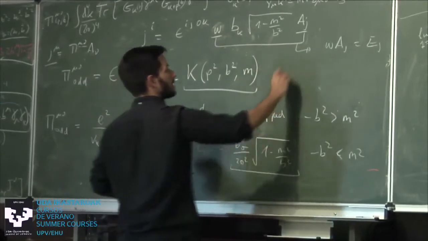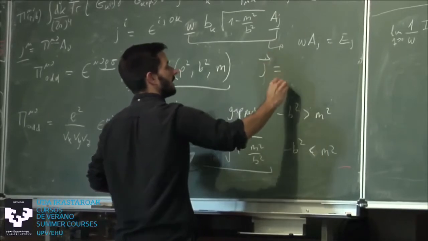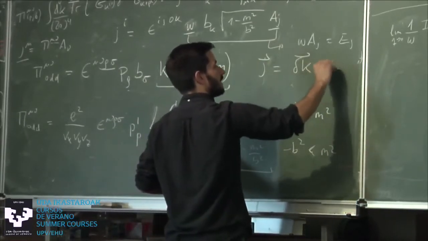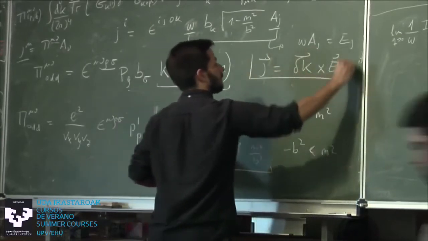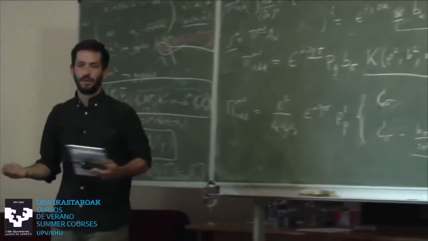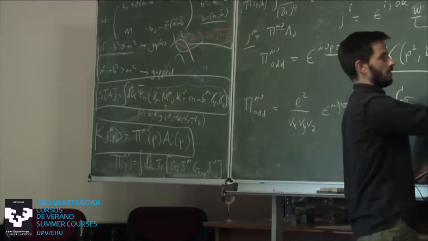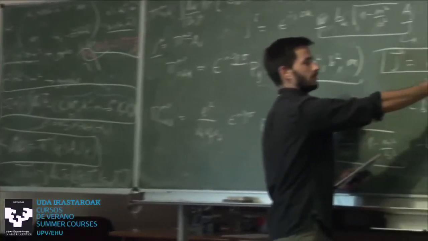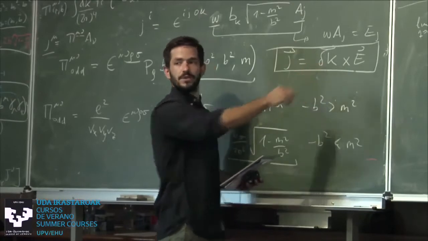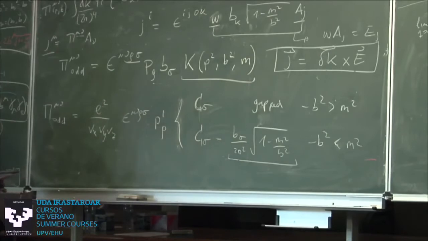So actually the response, J_i, or vector J, is the Weyl node separation that I defined there, cross E. So this calculation has led to the following result. The Hall conductivity, because what's the Hall conductivity? It's the conductivity that is perpendicular to the electric field. The Hall conductivity is proportional to the Weyl node separation. This is a known result in Weyl semimetals. It comes out from this model.